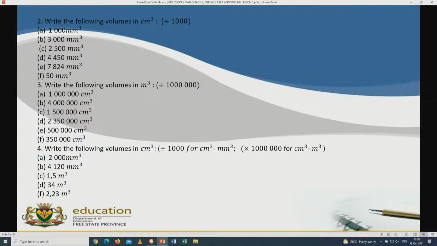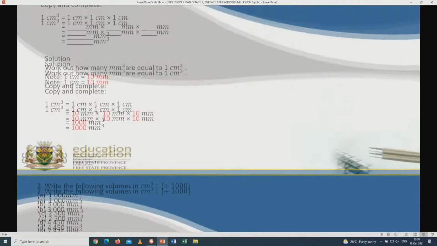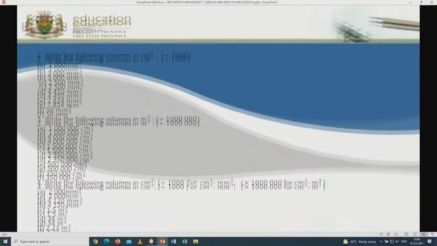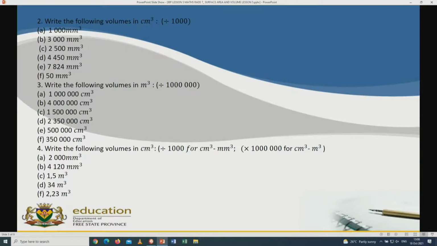Because we said when we started, and let's go back there, we said 1 cubic meter is equal to 1 million cubic centimeters. We have seen that 1 cubic meter is exactly 1 million cubic centimeters.